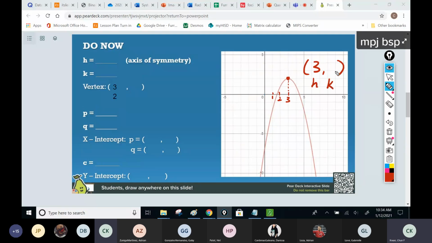And then after that you will look at the k, which is positive 2. Okay, that's it.